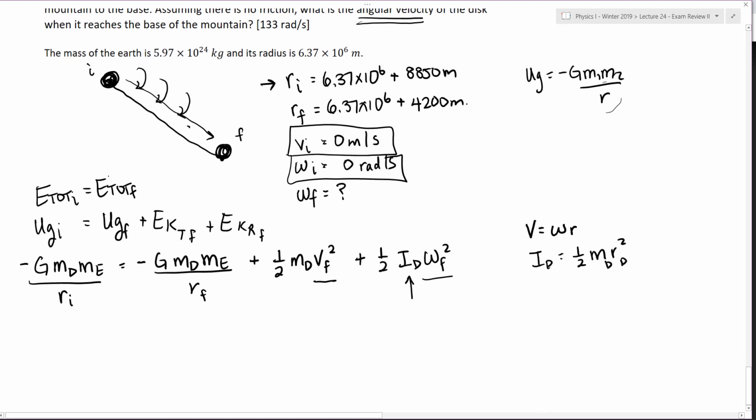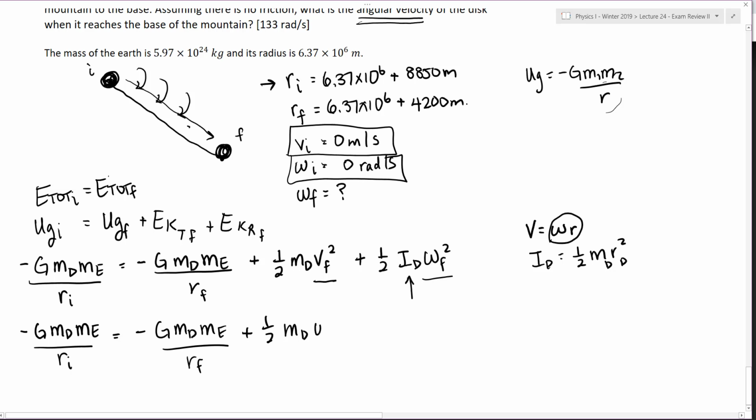Okay, so let's rewrite our formulas. I have negative G mass of the disk, mass of the Earth, over r initial equals negative G mass of the disk, mass of the Earth, over r final, plus 1/2 mass of the disk. We want to get rid of that v final, so we're going to change it to omega r, and when we square it, it becomes omega squared r squared.